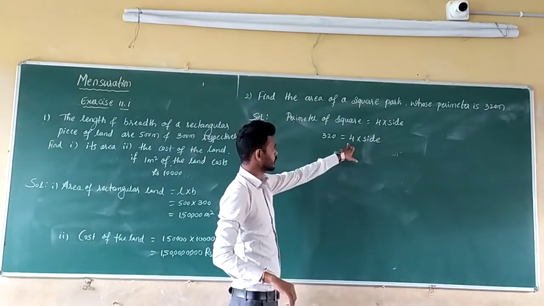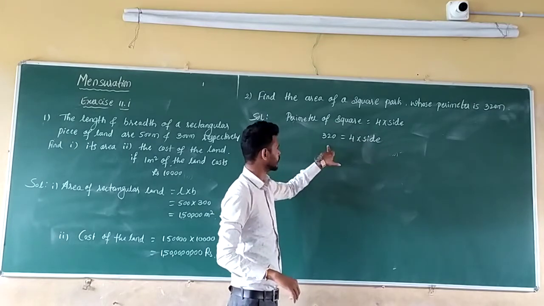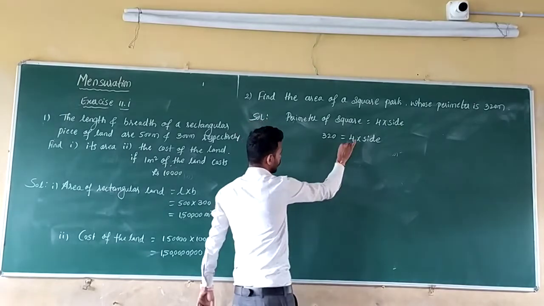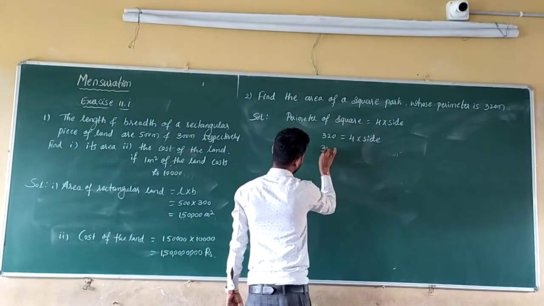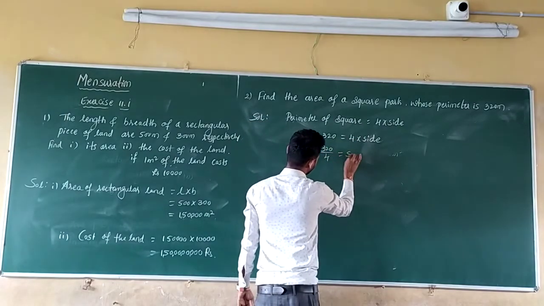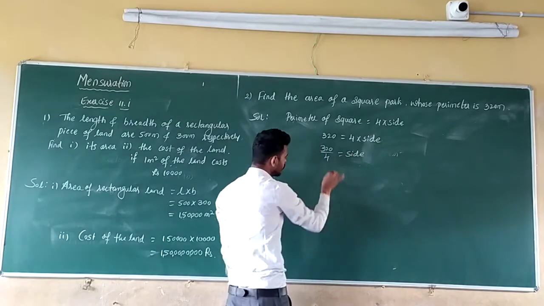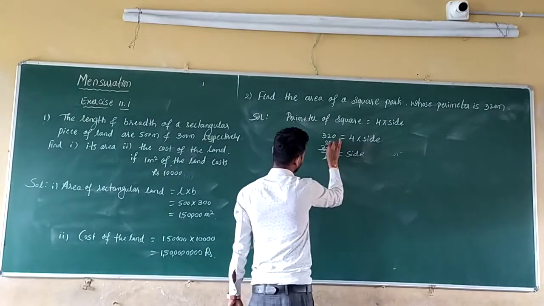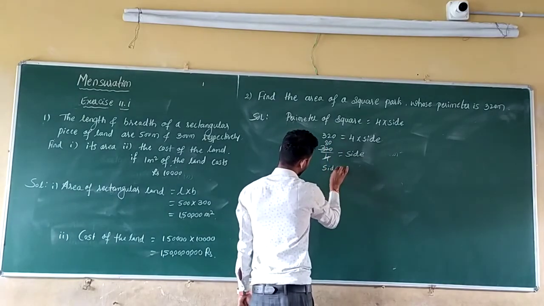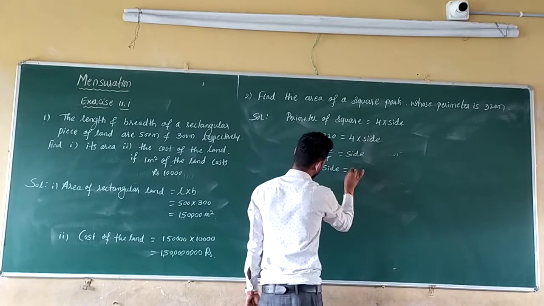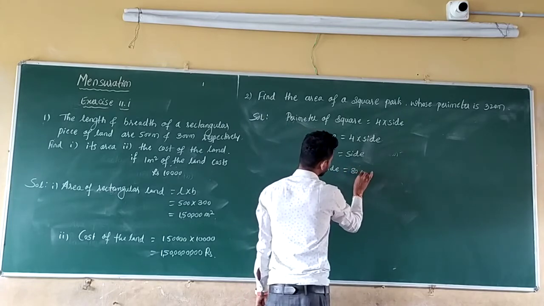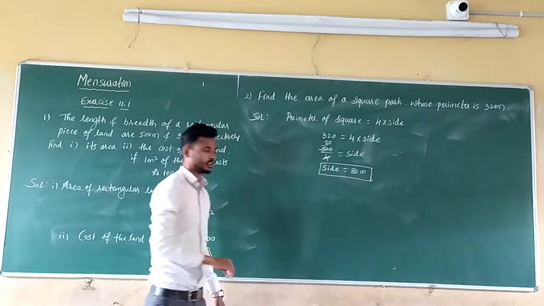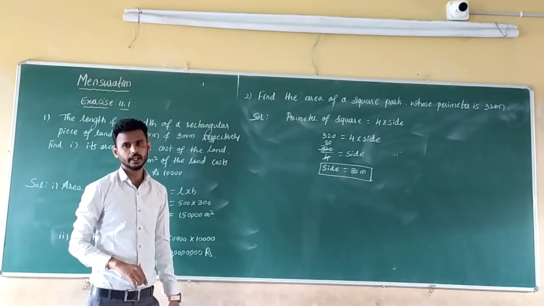Now 4 is multiplied with side, so take it to the LHS and that will become division, as in solving a simple equation. So side is equal to 320 divided by 4. 4 8s are 32, so 80. Therefore the side of the square plot is how much? 80 meters.